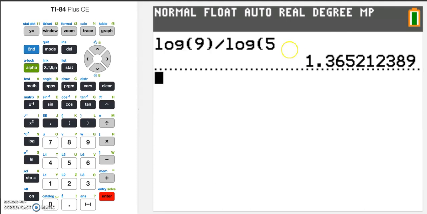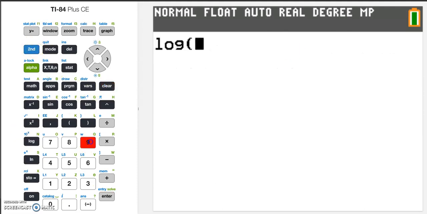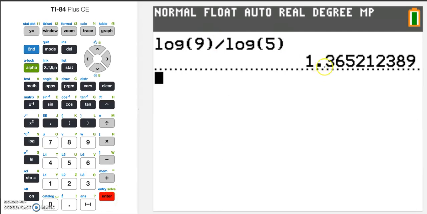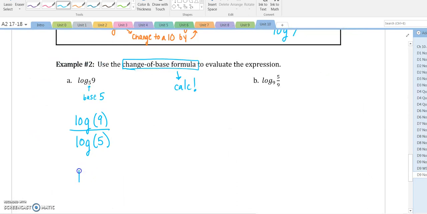Whoops, I forgot to close the parentheses at the end. It should still give you the same answer, but I'm just going to type it in case. Log of 9 divided by log of 5. The most important parenthesis to close is the first one, but we might as well close them both. And so we'll get 1.365. It doesn't say what to round to, so I'm just going to say 1.365.